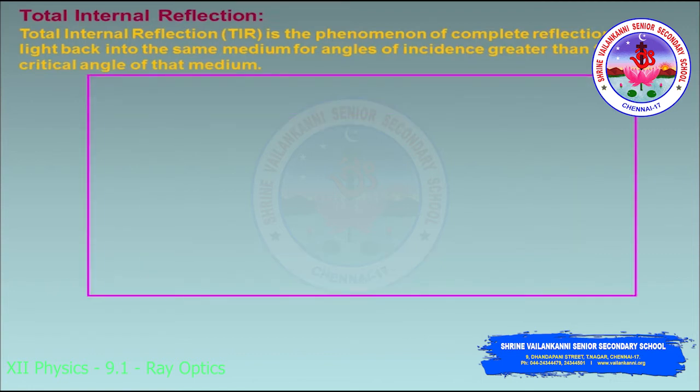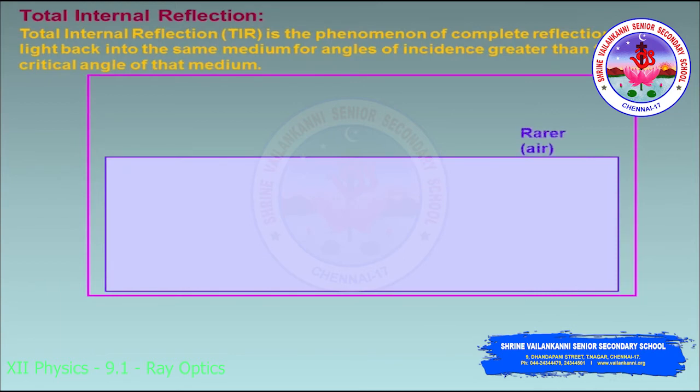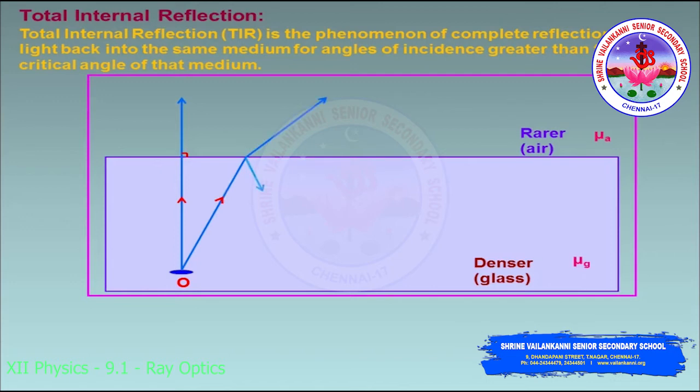Now take a rarer medium and a denser medium. When a ray of light travels at a small angle of incidence from a denser medium to a rarer medium, say from water to air, or glass to air, the refracted ray bends away from the normal, so the angle of refraction is greater than the angle of incidence.